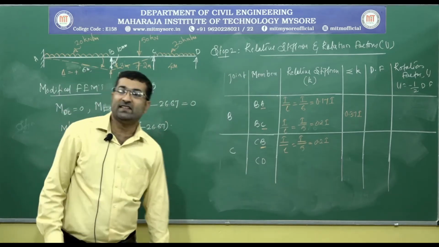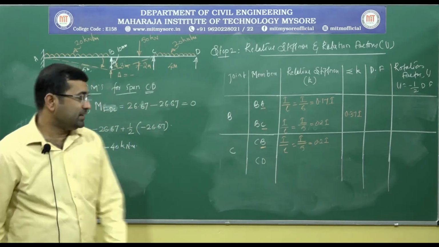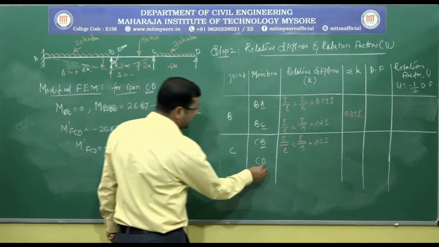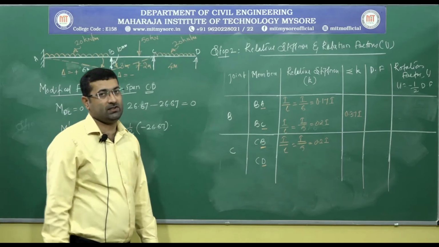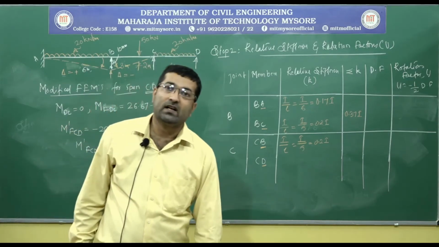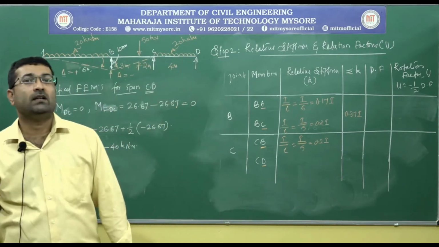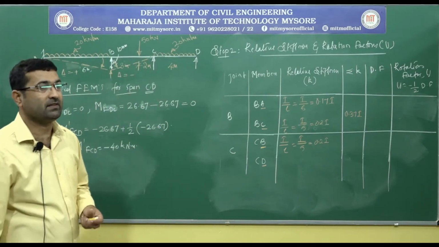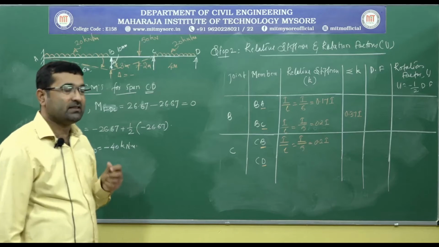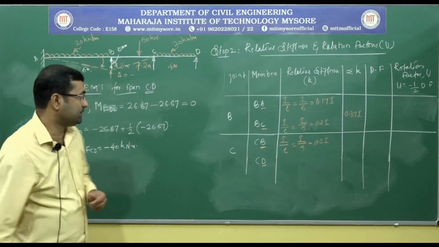And in the CD member, D is the far end and it is simple in nature. So, whenever we are dealing with a far end, either simple hinge or roller, the relative stiffness is 3I by 4L.